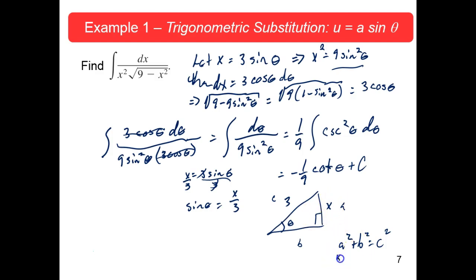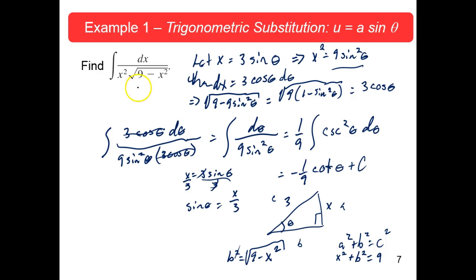A is x, so x squared plus B squared is equal to C squared, and C is 3, so 3 squared is 9. So B squared is equal to 9 minus x squared, right? And then we want B, so it's the square root of 9 minus x squared.